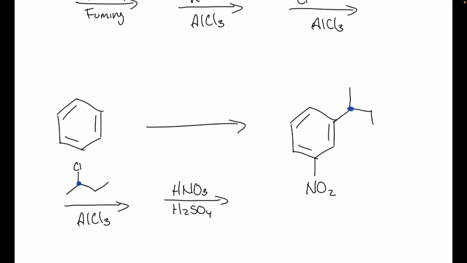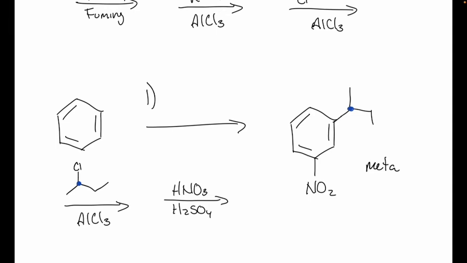So now the question is, how do I order them? Which one do I do first? So again, I got to look at my product. And in my product, are these two substituents sitting ortho, meta, or para to one another? Yeah, this one's meta. So that means the first reaction needs to be one that puts on a metadirector.